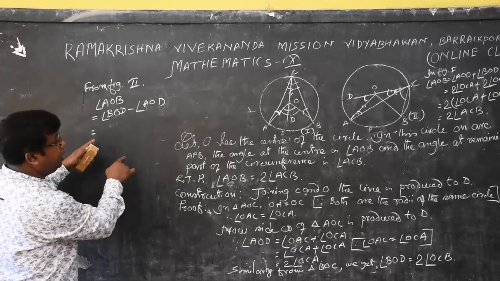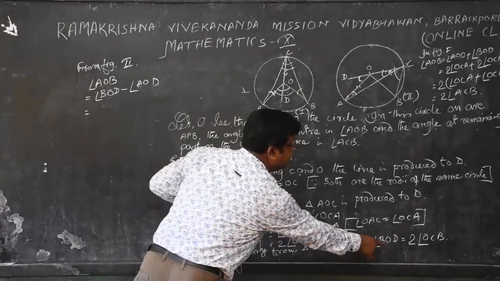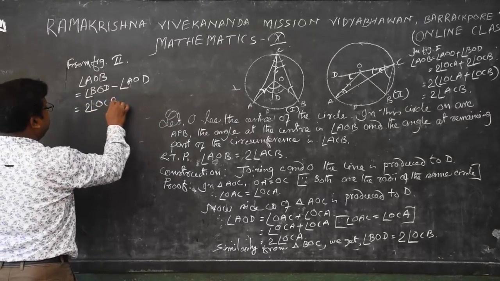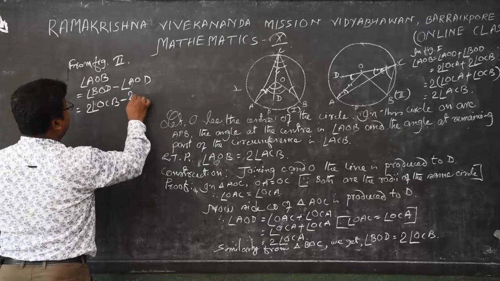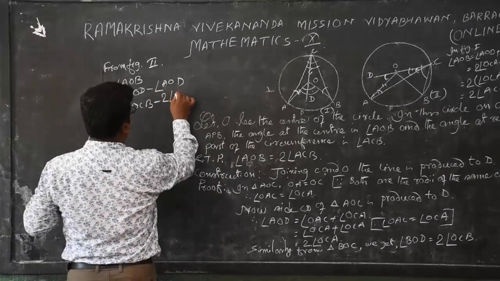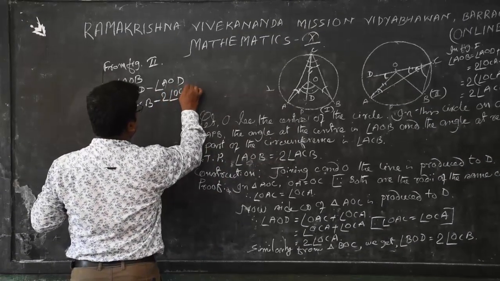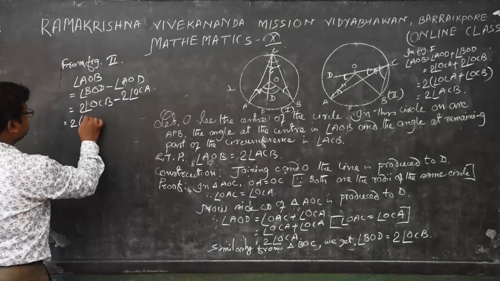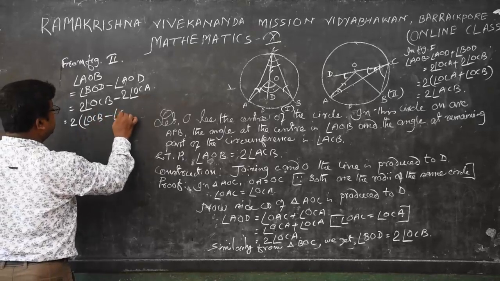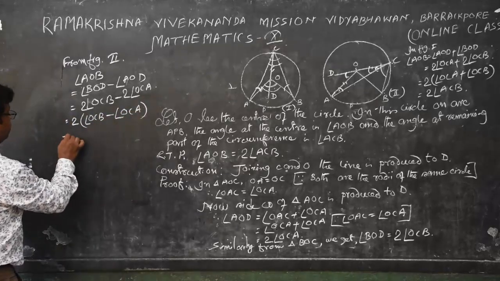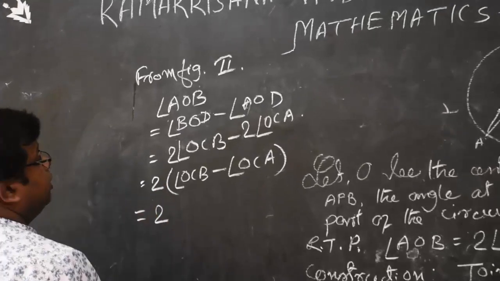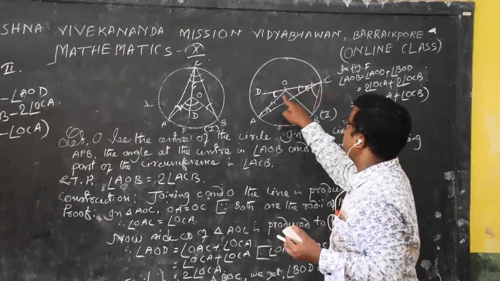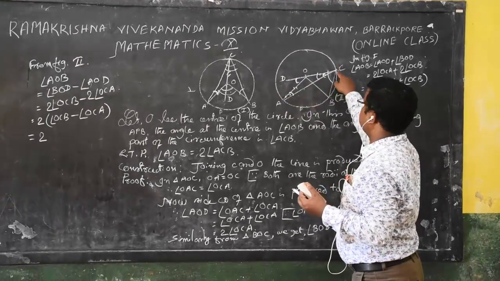What is the value of angle BOD? It is 2 angle OCB, minus 2 angle OCA. Taking 2 common, the remaining part is angle OCB minus angle OCA, equal to 2 times that. Now go to the figure: OCB minus OCA equals angle ACB.